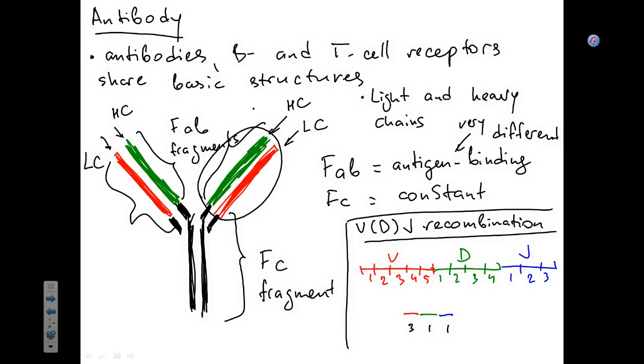So, combinations will create almost infinite number of variants of this FAB fragment. Does it make sense? So each variant will have slightly different structure, which means it's going to bind different antigen.